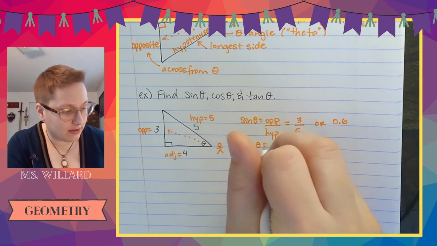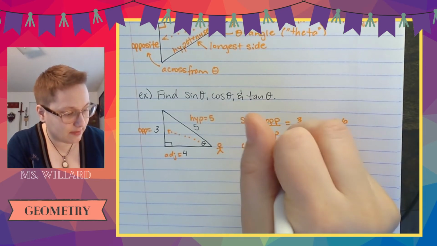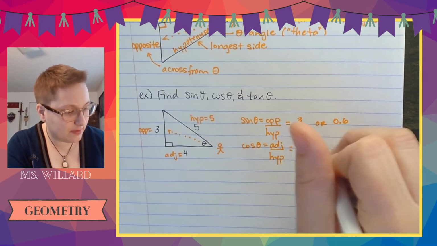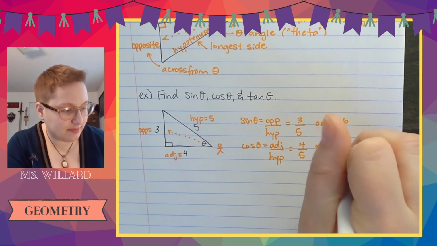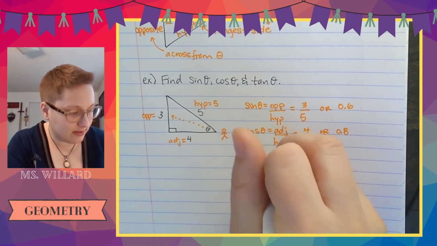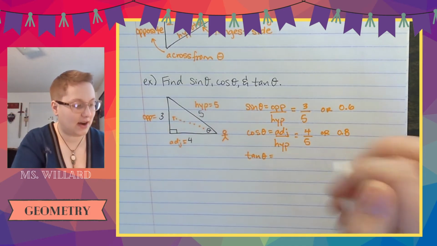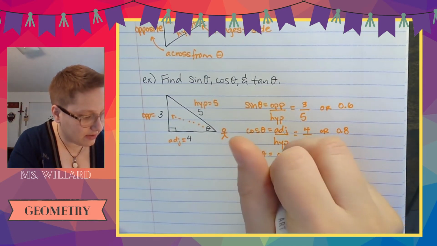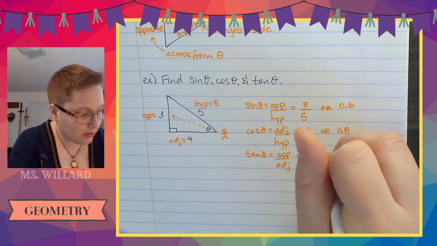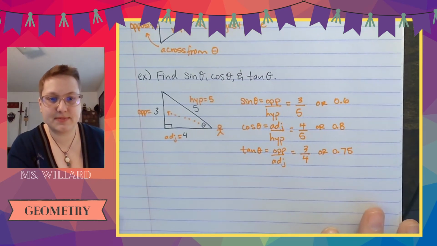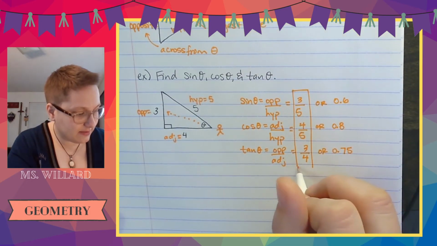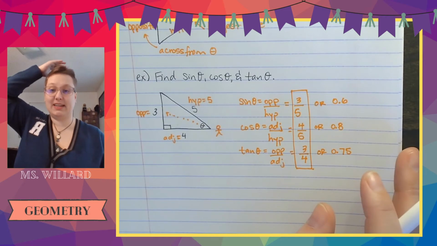Cosine of the angle is equal to adjacent over hypotenuse, which is 4/5, which is 0.8. And then tangent at this angle is opposite over adjacent, which is 3/4, or 0.75. So these are really my right answers. These are my final answers here. But the decimals are just fine as well.